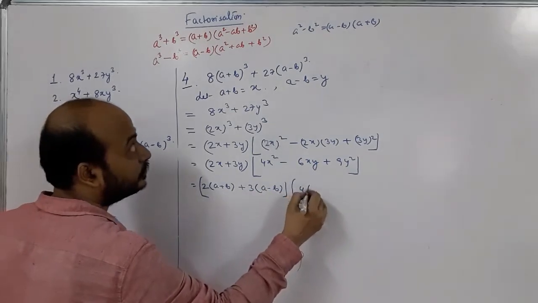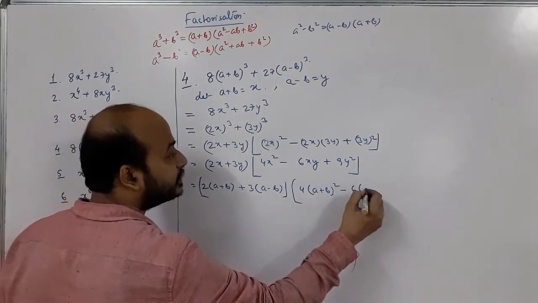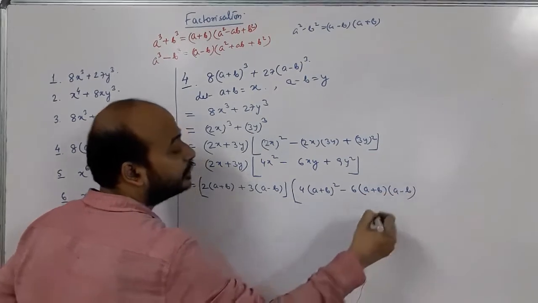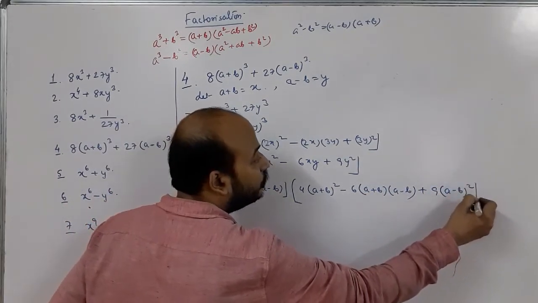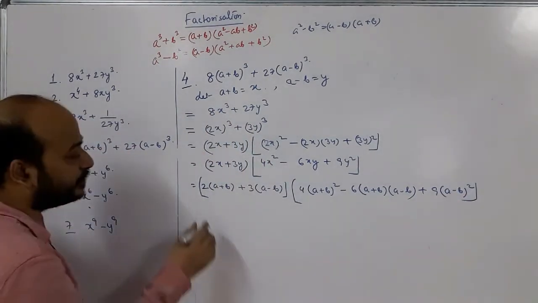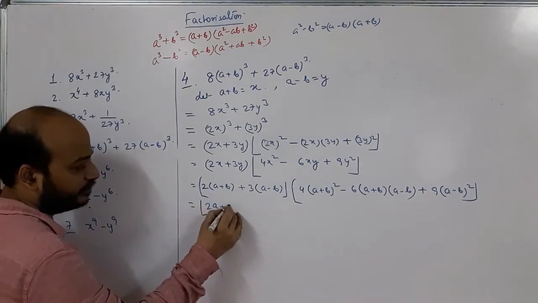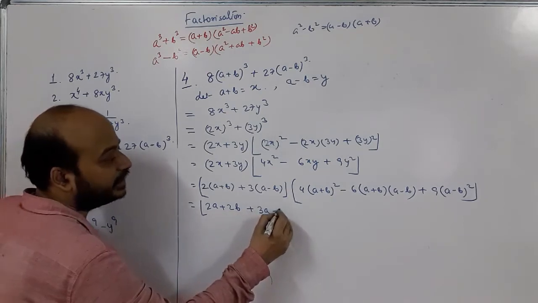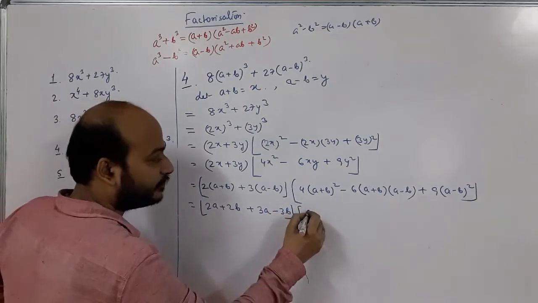This is 4, and a plus b square, minus 6, I get a plus b into a minus b, plus 9 and a minus b whole square. Okay, so slowly now we will simplify this. What I get? 2a plus 2b plus 3a minus 3b. So I get this. Here 4.